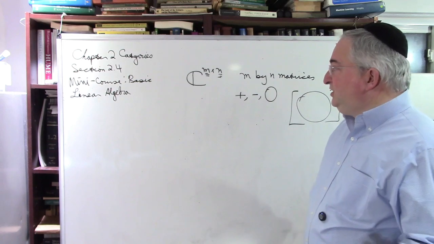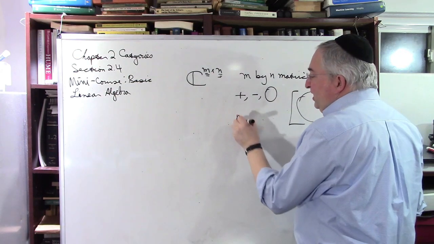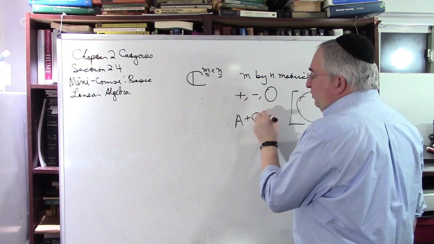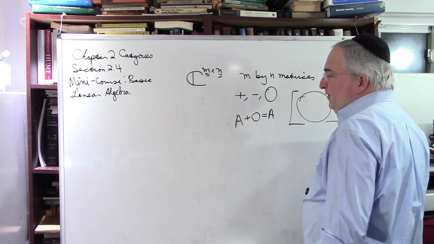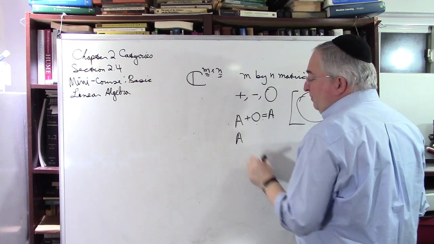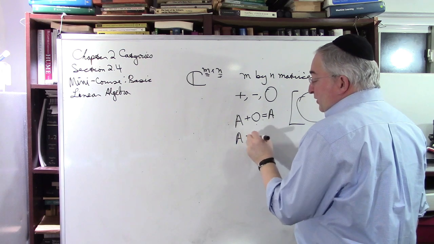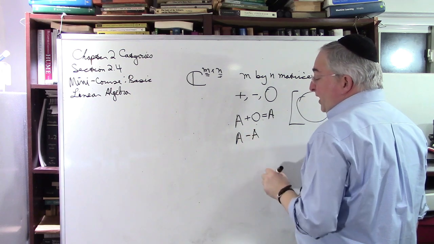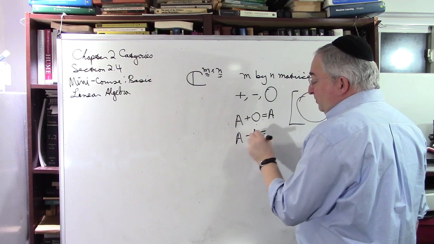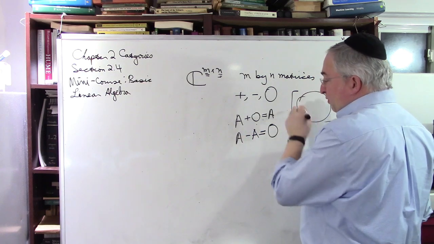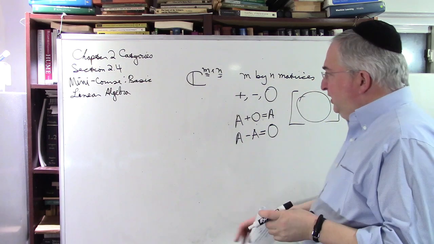And the main point is, take an M by N matrix A, add the 0, you get A. So it works. Also, take the same matrix, put a minus in front of every element. When you add them together, you're going to get the 0 matrix. So it works like that.